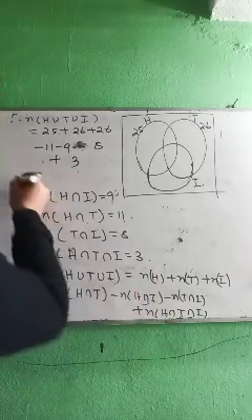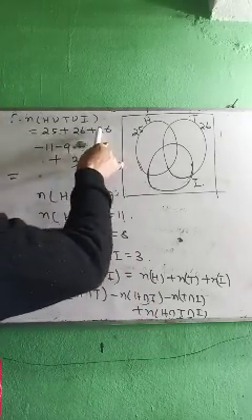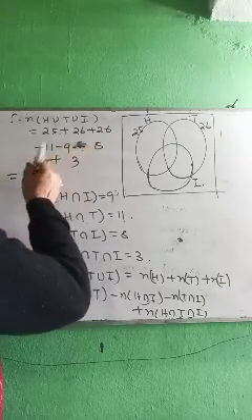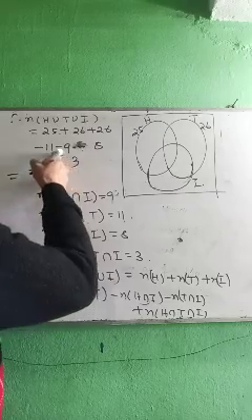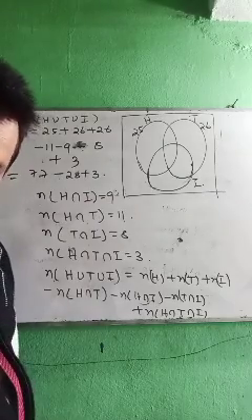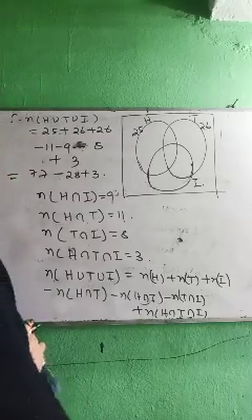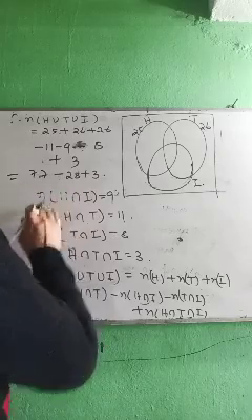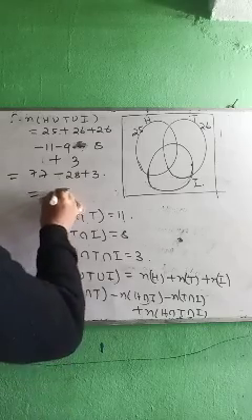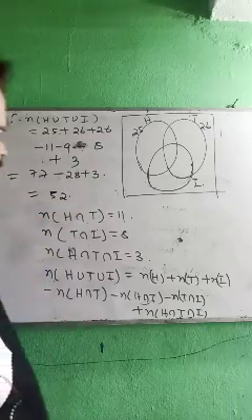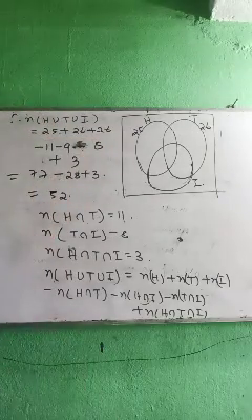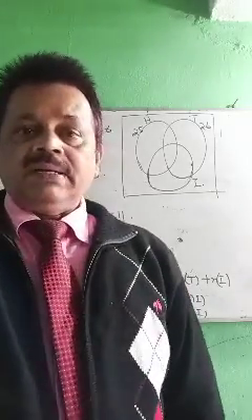So that gives you 77, plus 3, so 80 minus 28, which is 52. Okay, you can check it again. But we'll try to solve in a different method.